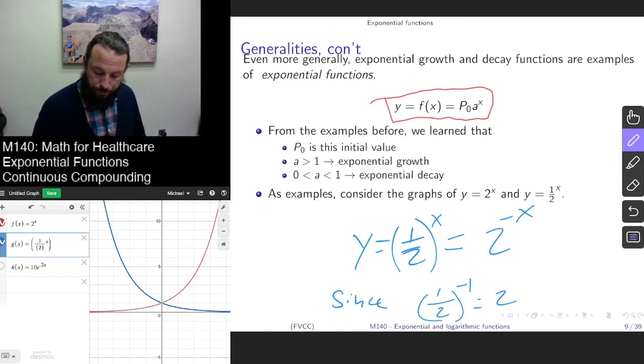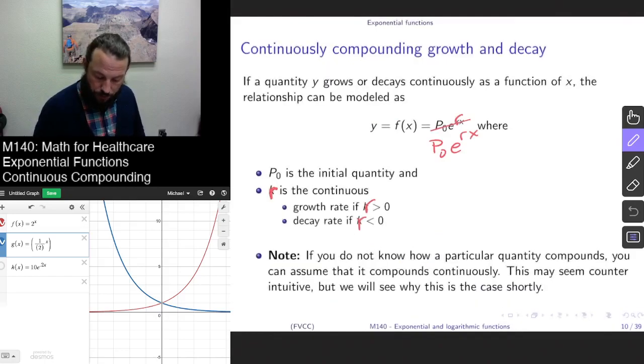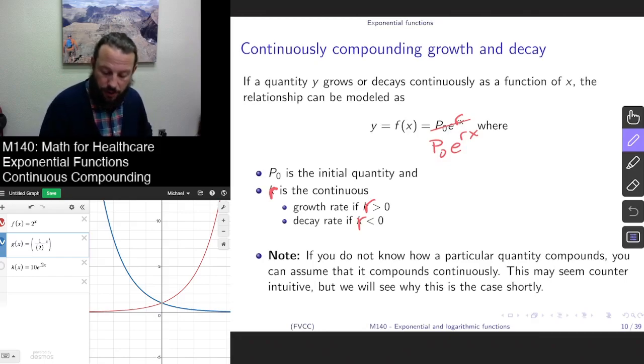Now here I crossed some things out. Basically, I just want to do the growth rate and decay rate to match with my previous slide and have that be r. So if a quantity y grows or decays continuously as a function of x, then the relationship can be modeled with this base e, where e is approximately 2.71 and so on.